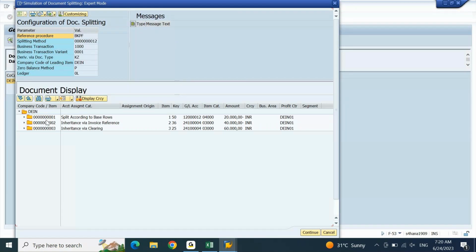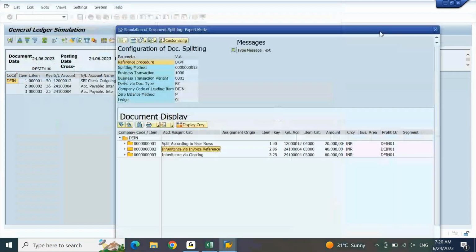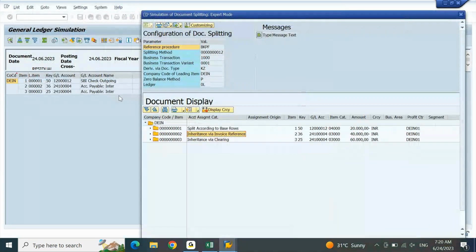If you see, line item number 1 is split according to base rows, line item number 2 is inheritance via invoice reference, line item number 3 is inheritance via clearing. Line item number 1 profit center is taken based on the splitting, correct?